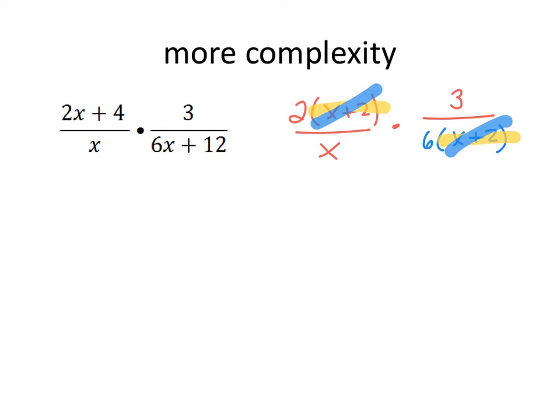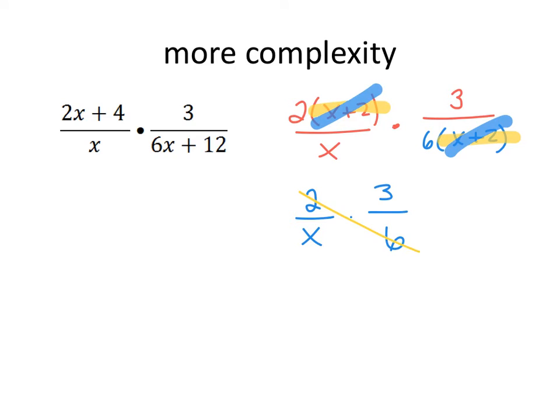And so if we rewrite our fraction after we cancel those and we just multiply across, we have 2 over x times 3 over 6. Now I also see something else that I can simplify, but let's write this a little bit differently.